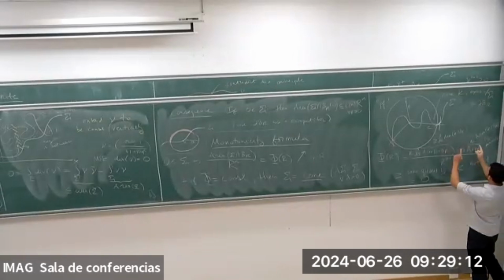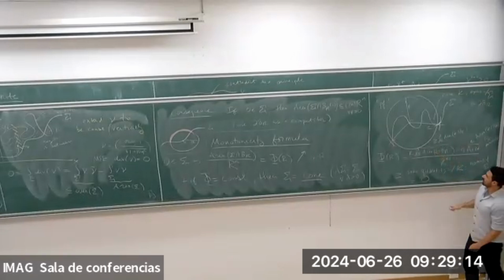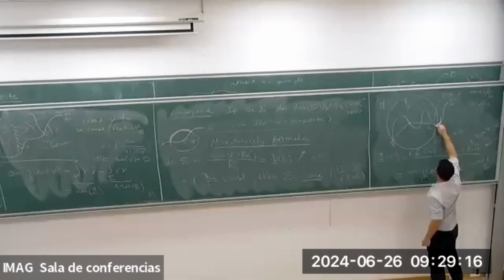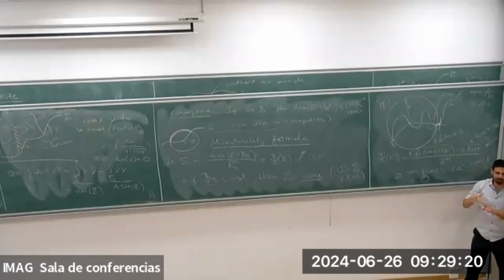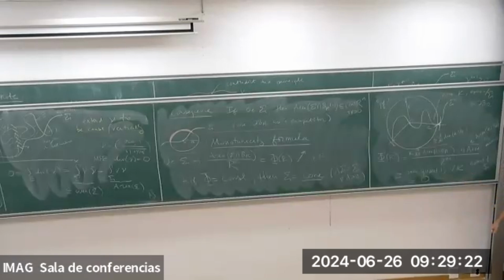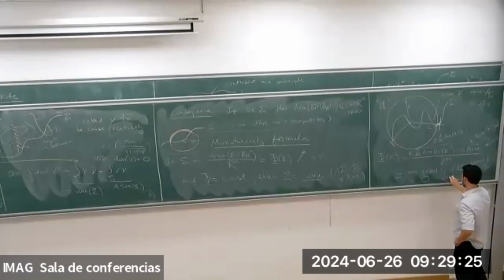And if you carefully study when equality happens, it's only going to happen if this transversal intersection is in fact exactly orthogonal. And just study the whole cases.